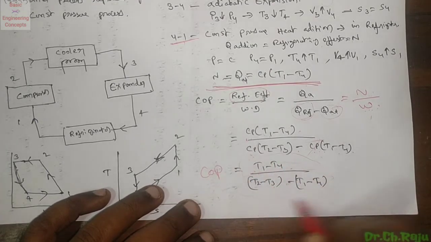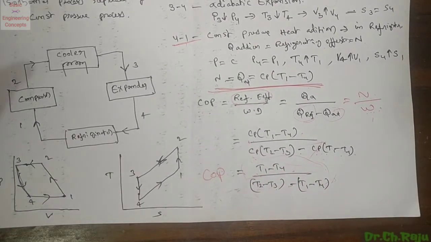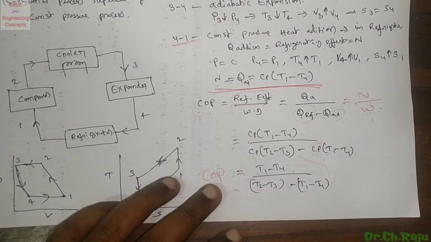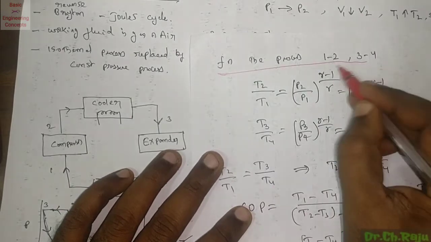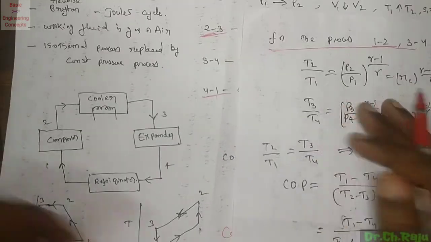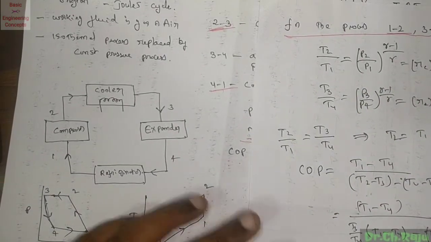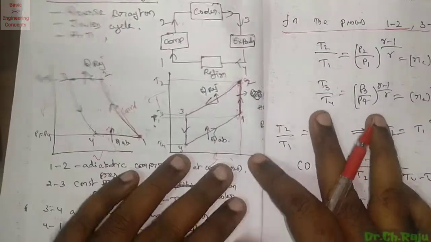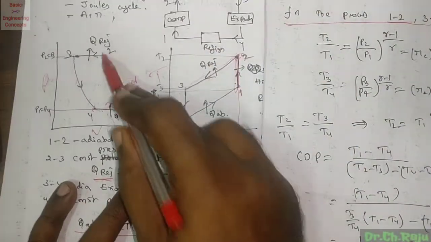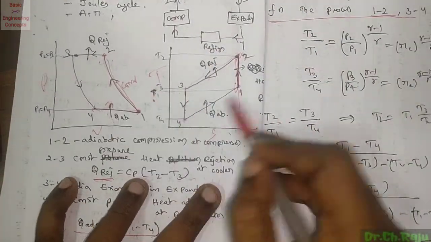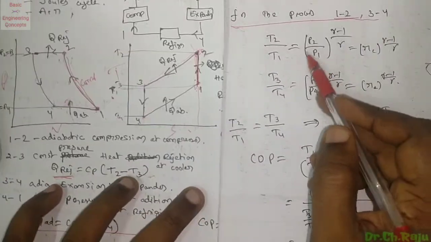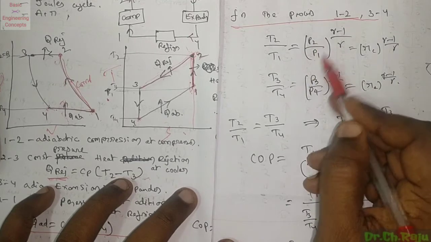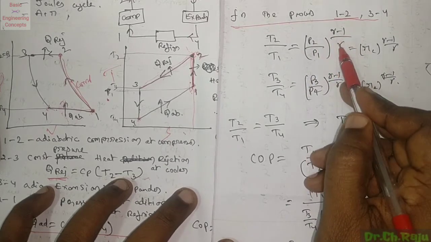So this formula can be reduced by considering the polytropic or adiabatic process, that is process 1 to 2. This is the adiabatic relation between 1 and 2: T2 by T1 is equal to P2 by P1 whole to the power of gamma minus 1 by gamma.